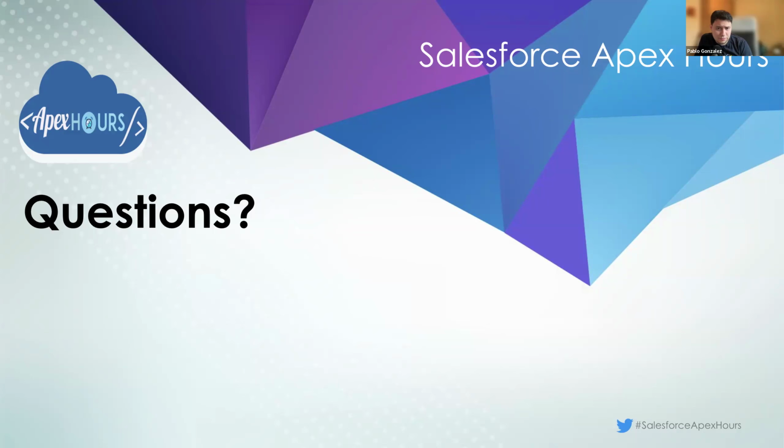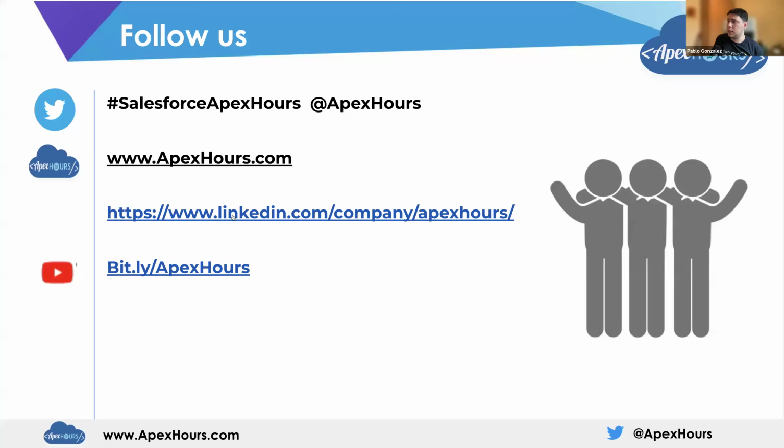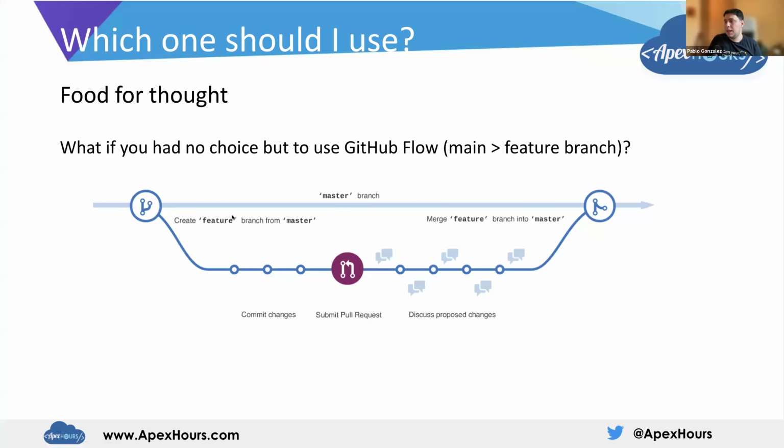Let's see. All right, so two people are asking about trunk-based development, and I didn't show it. So trunk-based development is similar to Git Flow. So it's similar to this. Honestly, it's the same. Now, some people will kill me for saying it's the same. It's not the same, but the difference is in trunk-based development, you don't create a feature branch. You have main on your computer and you make the changes directly there.